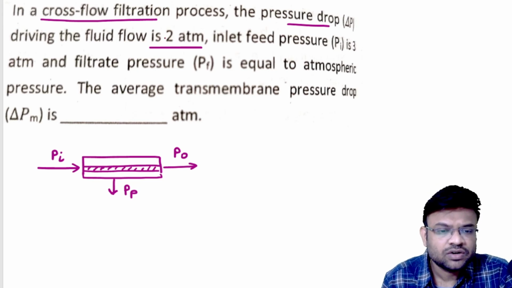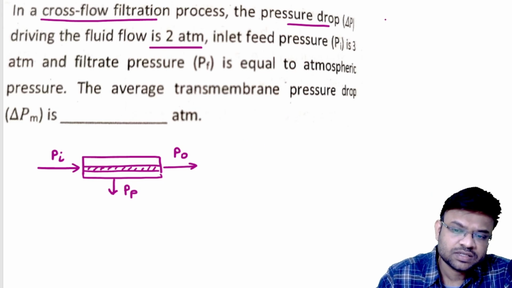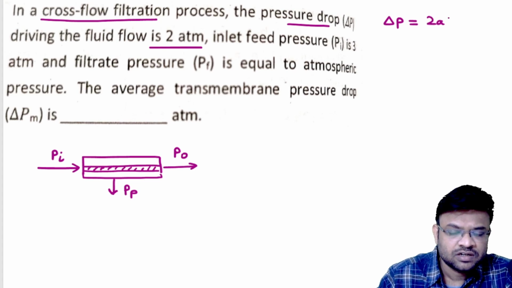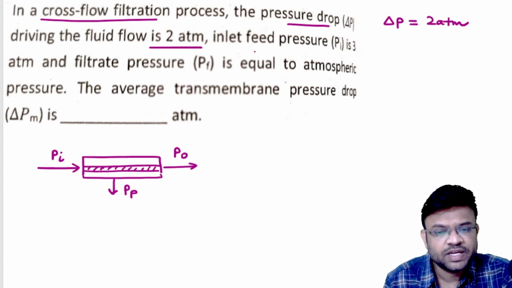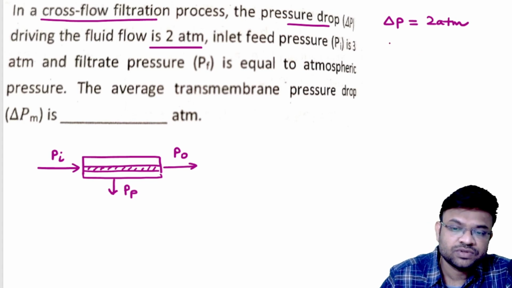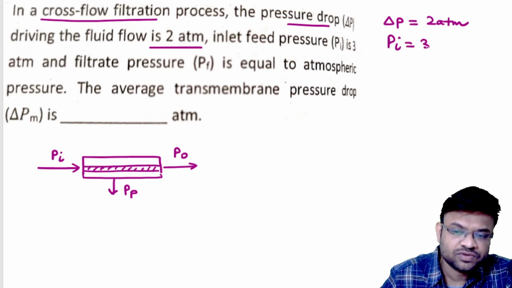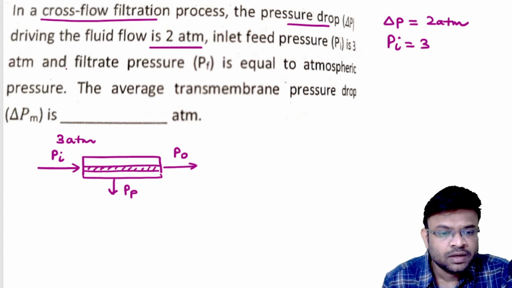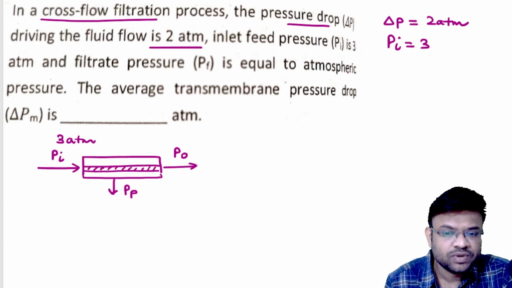So in the cross flow filtration process, the pressure drop delta P has been given to us, and this is 2 atmosphere. The inlet feed pressure Pi is equal to 3 atmosphere, and the filtrate pressure is equal to atmospheric pressure.